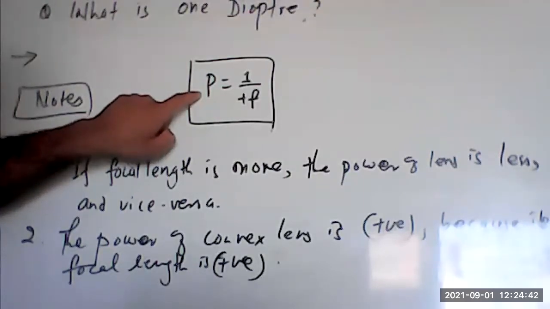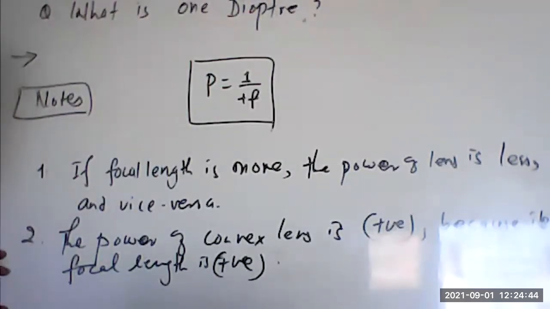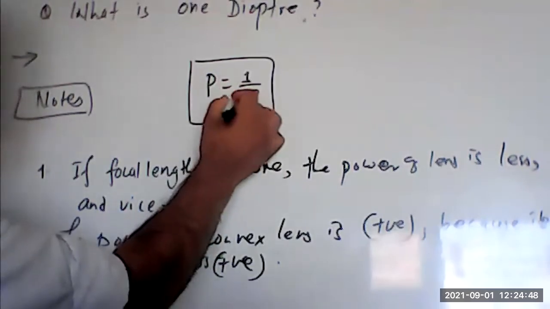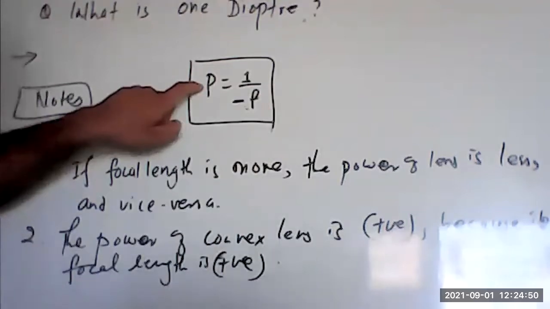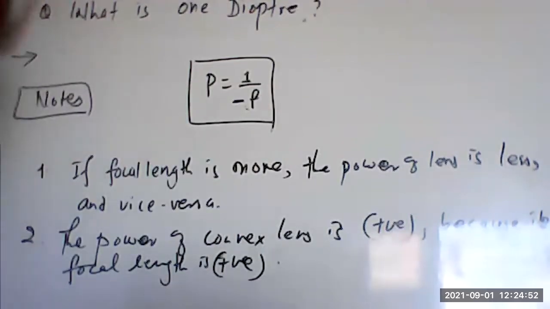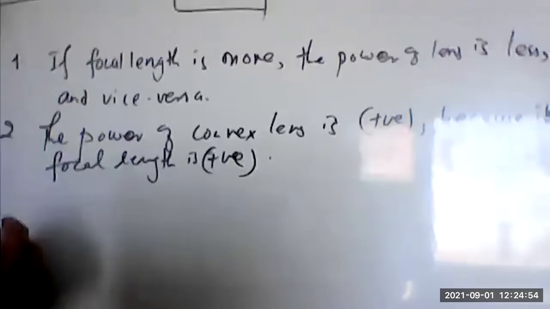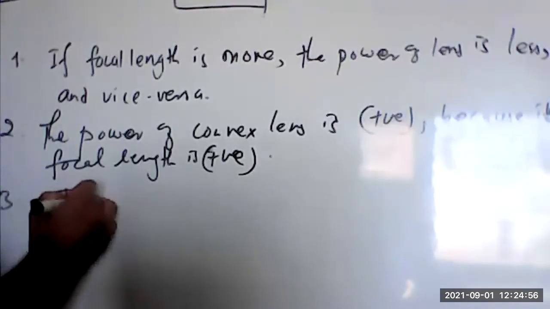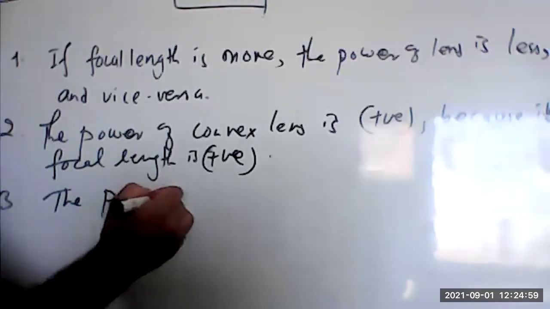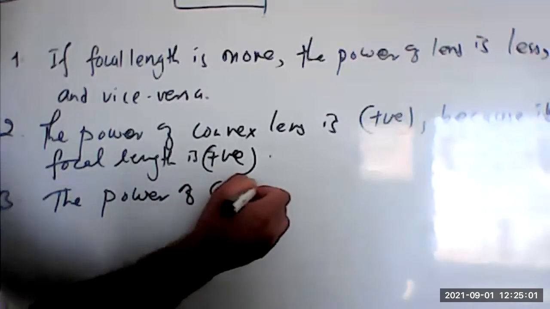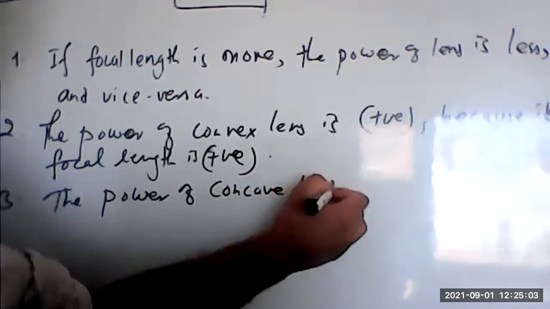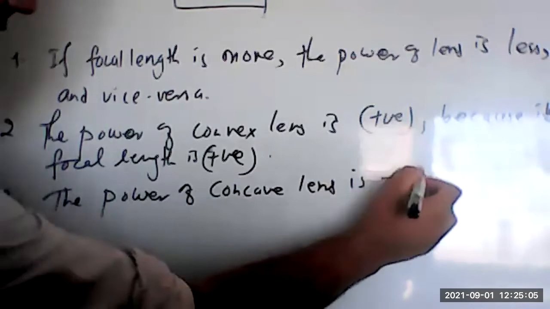And in case of a concave lens, what happened? The focal length is negative, so the power is negative in a concave lens. Okay, so write down the next one: the power of a concave lens is negative.